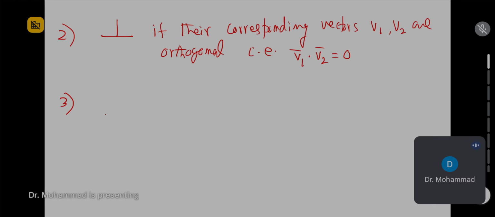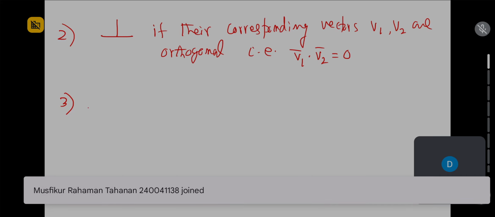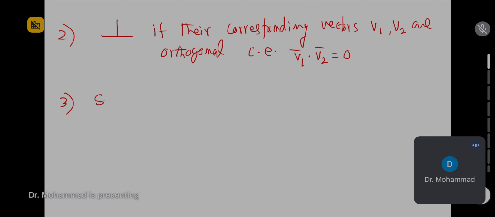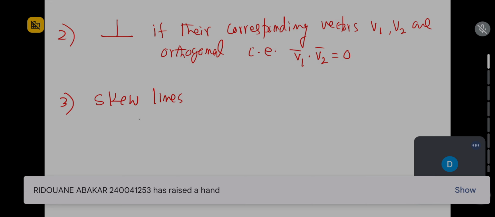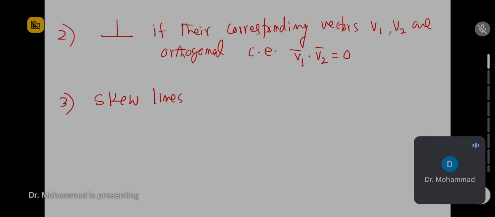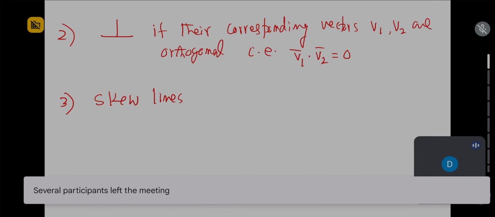And number three, skew lines mean the lines will never intersect.